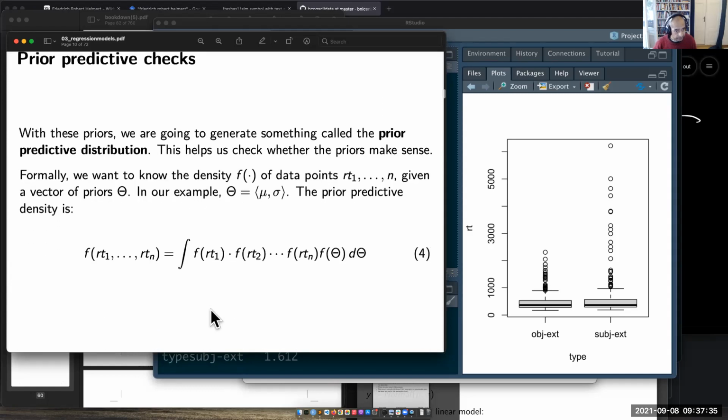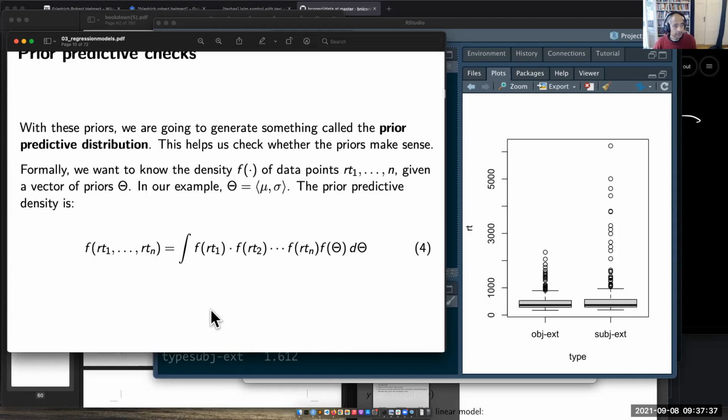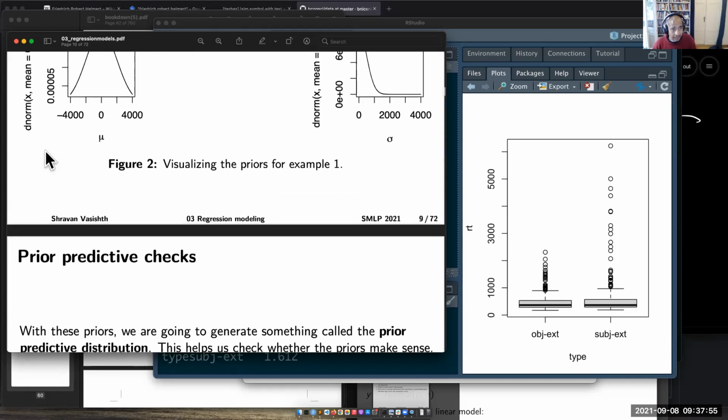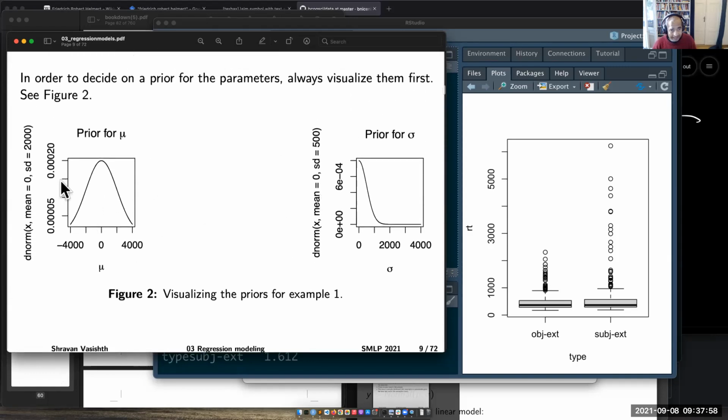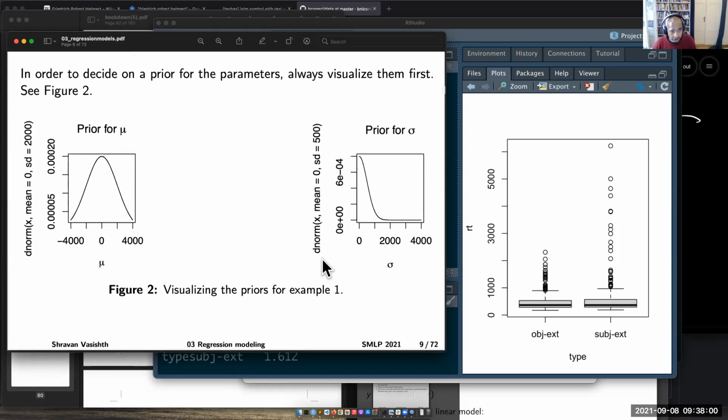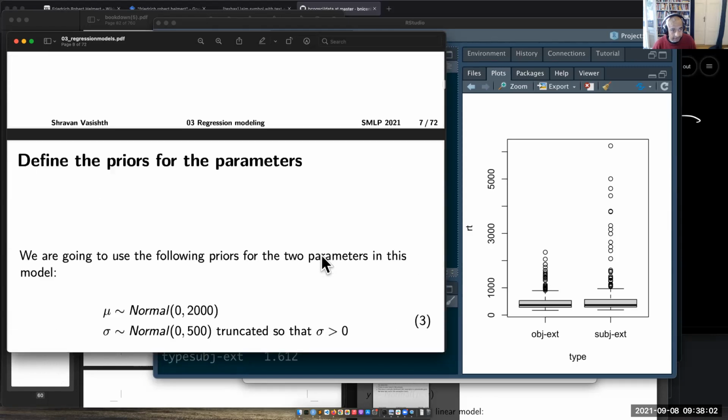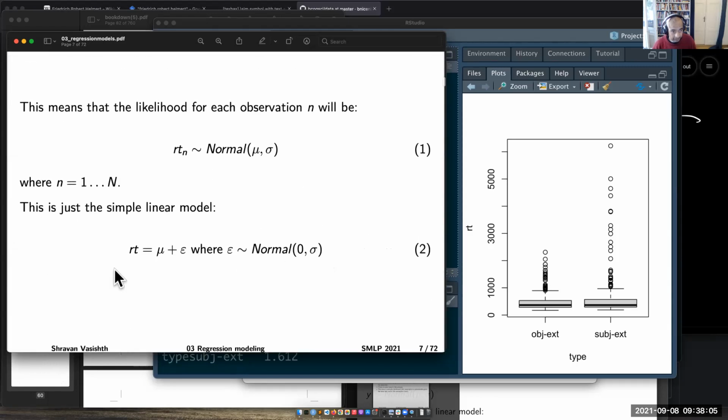Right, so what I'm going to do now is, once I have specified the model, I can actually generate data from this model now. Without having observed any data, I can produce data from this model now. Why? Because I have a prior distribution on the parameters, and I can use those prior distributions to actually just run them through this model here and produce this simulated data.